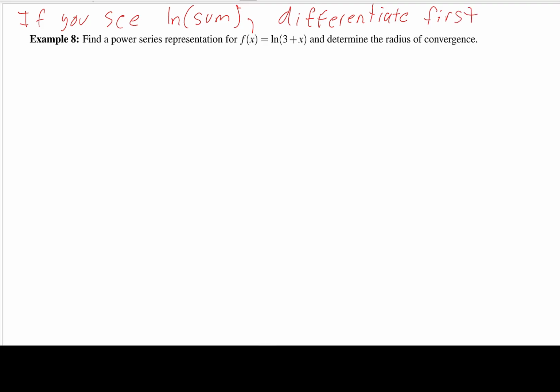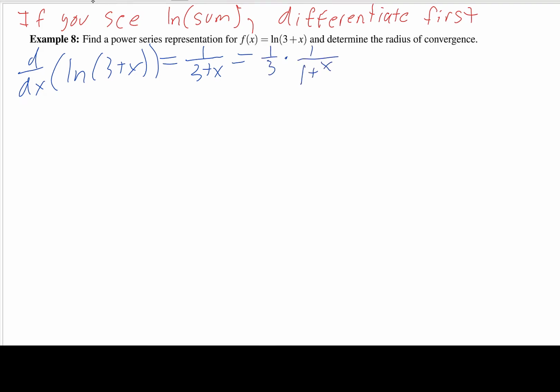Okay, let's see why. If I do that, well, d dx of the natural log of 3 plus x will be equal to 1 over 3 plus x, which is the same thing as 1/3 times 1 over 1 plus x over 3.